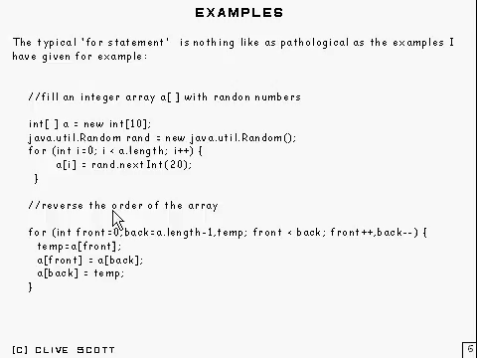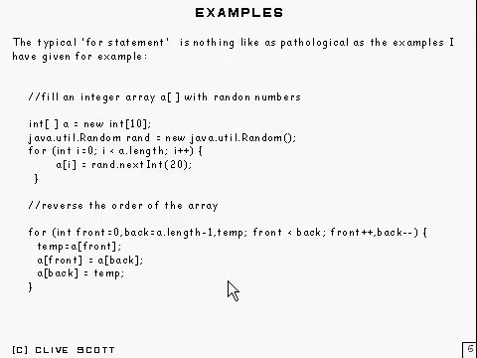And here's something which reverses the order of that array. What this does is set up two indexes, the front index pointing to the front, and the back index pointing to the last element in the array, and that's a temporary variable.